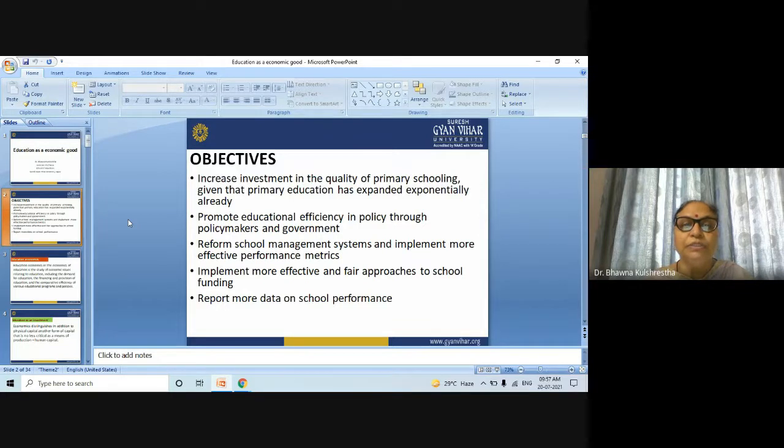Reform school management systems and implement more effective performance metrics. Implement more effective and fair approaches to school funding. Report more data on school performance. These are the objectives of this topic.